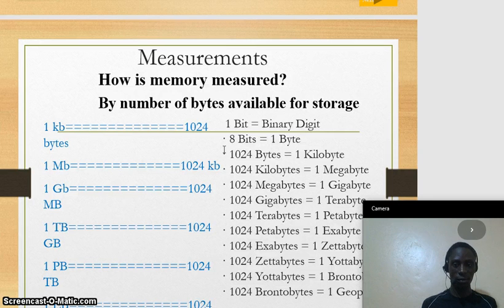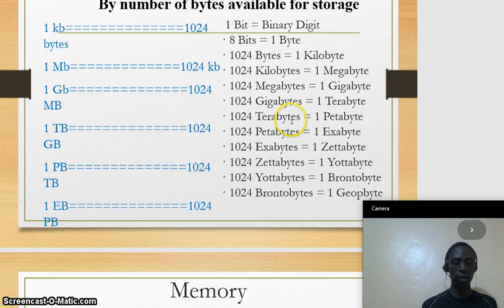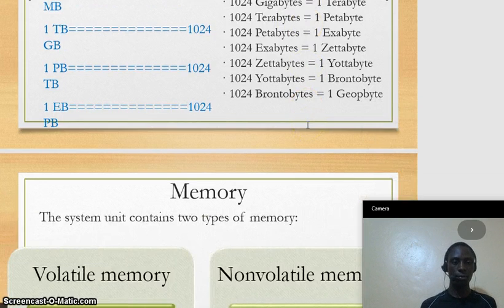Are we together? To 1 byte. With time we shall do some calculations of these memory conversions. 1024 bytes are equivalent to 1 kilobyte. So the calculation continues. You can go through them and get time to read about the memory measurements.